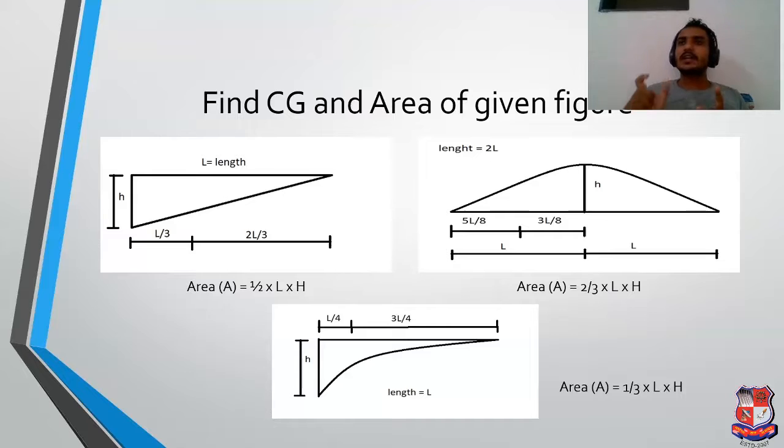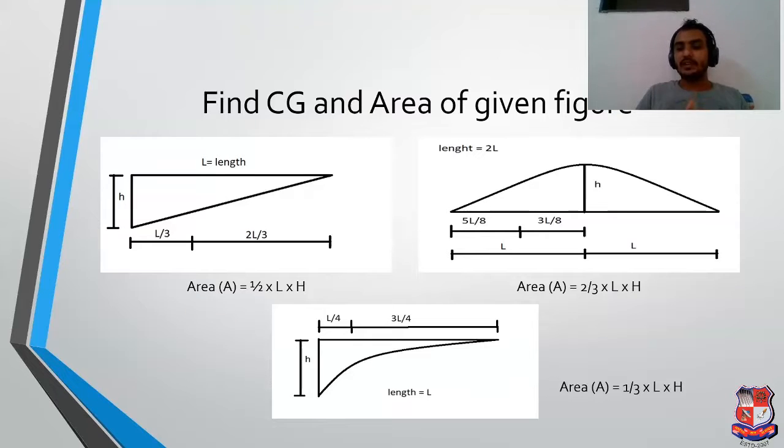Which distance? Distance means CG, the center of gravity of this figure. You can see the triangle. So where is the CG? If we see at the B section, the free end point, 2L by 3 is the distance between the CG and point B, and in the opposite direction L by 3.